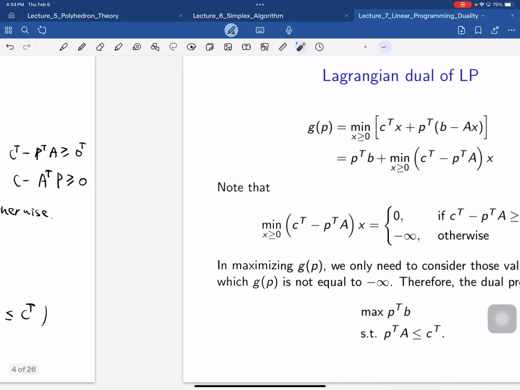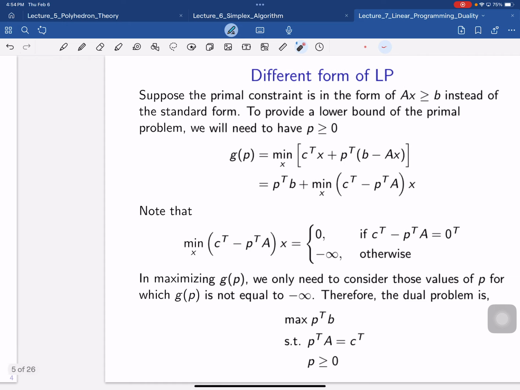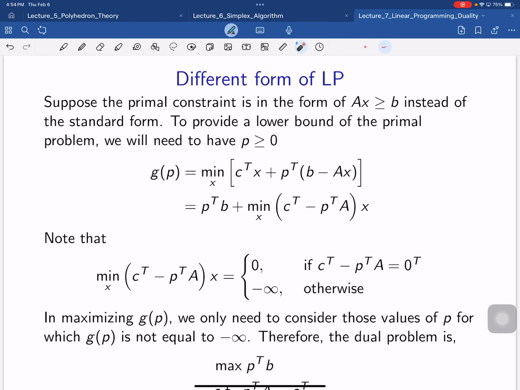Okay, so this is basically what I just derived. I want to make sure people follow this rationale here. But now if you have a different form of an LP, you can follow exactly the same procedure. Let's assume the primal constraint is in this polyhedral form, AX greater than or equal to B, instead of the standard form, you write everything using the inequality constraint.